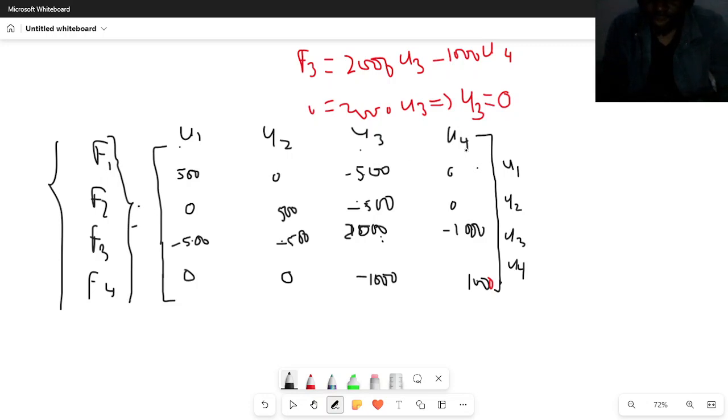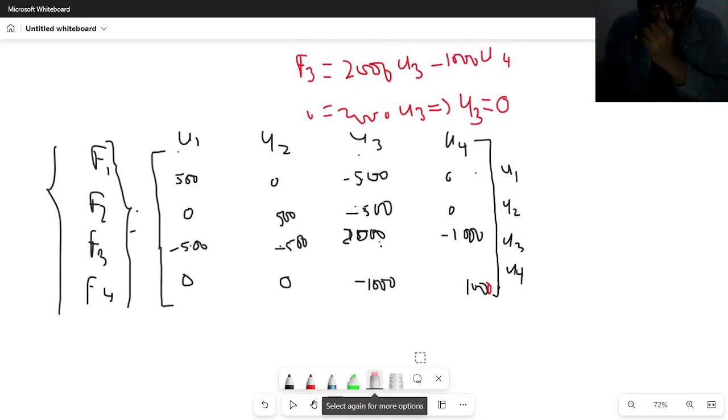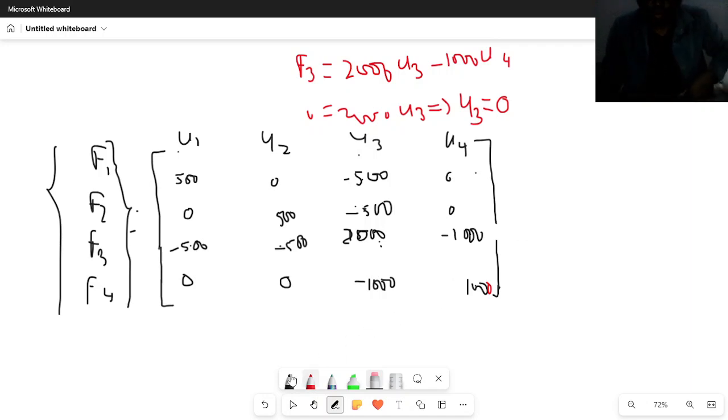Now everything will be multiplied by our displacement. Everything will be multiplied by u1, u2, u3, u4.